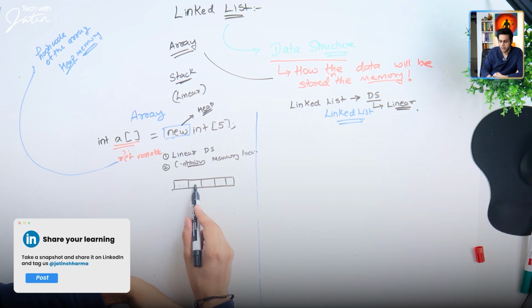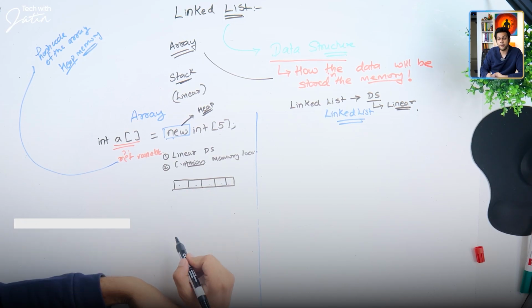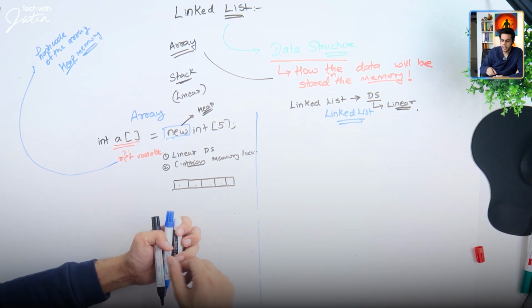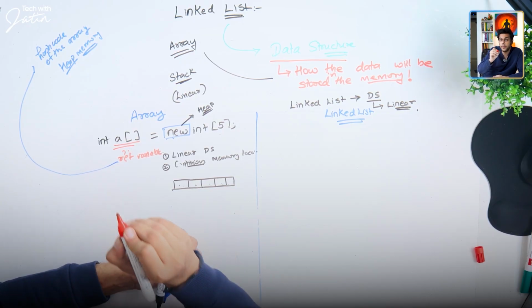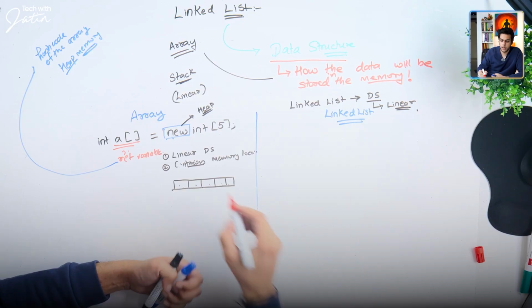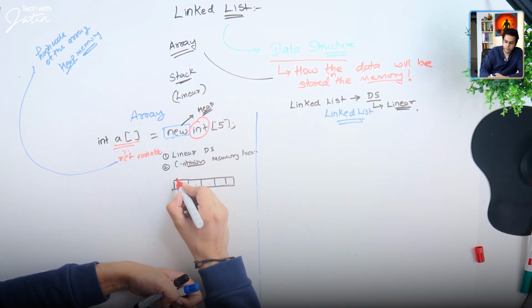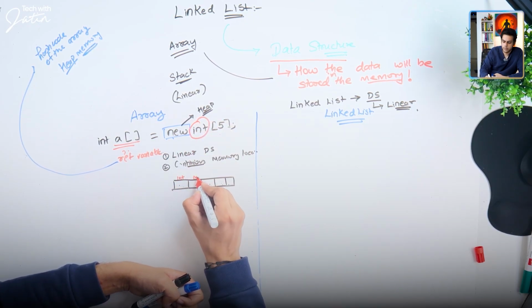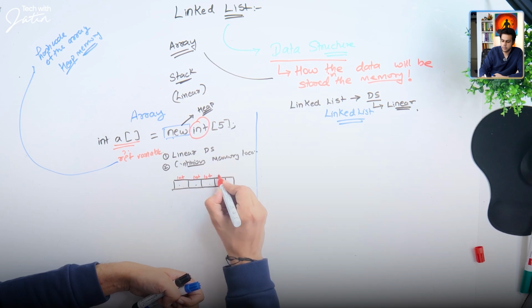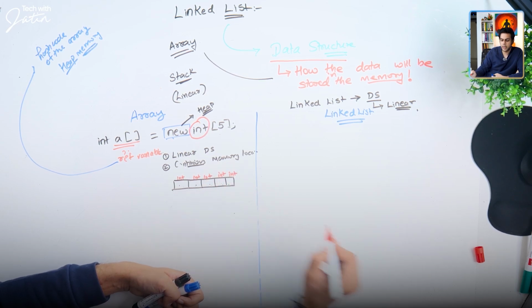So you have 1, 2, 3, 4, 5. 5 memory locations are there. Now, all these 5 memory locations can store only a similar kind of data. Yes or no? Are we on the same page now?